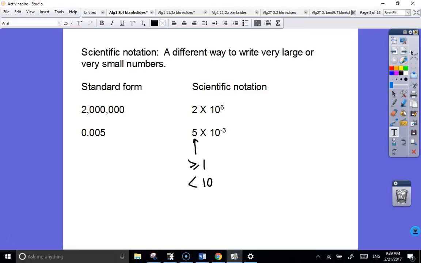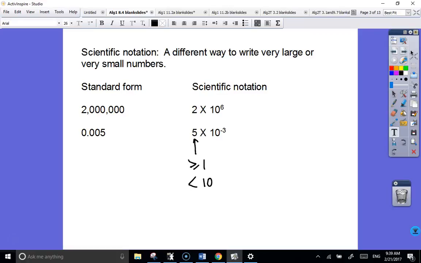So if we want to write a really big number, instead of in standard form, in scientific notation the format is some number between 1 and 10 times 10 raised to an exponent. So in this standard form number, 2 million, that's 2 times 10 to the 6th.